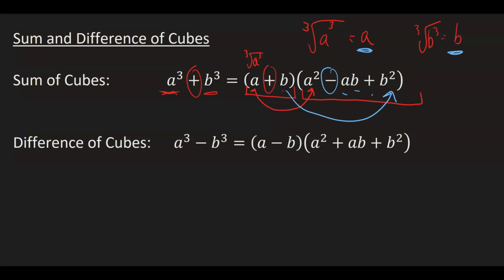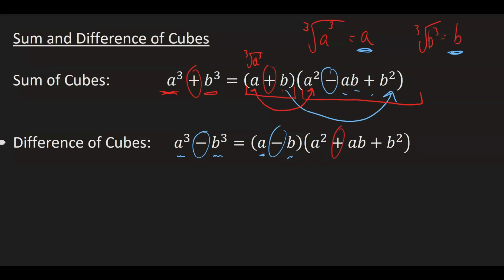In a difference of cubes, we get the very same pattern. Notice that if I cube root my a cubed, I get a. If I cube root my b cubed, I get b, and it's a difference in both cases. A sum is the first sign here.